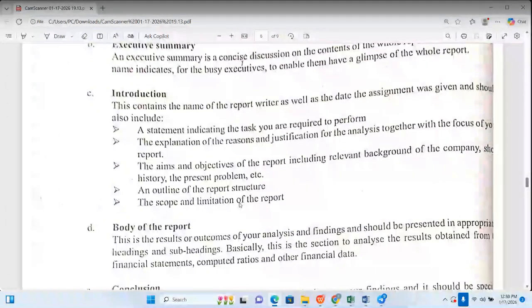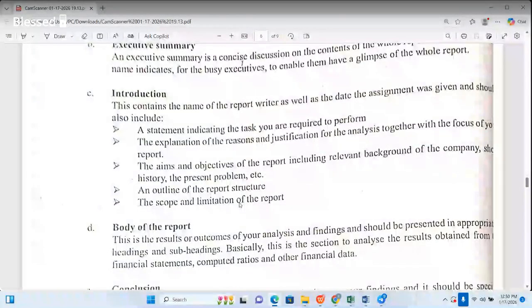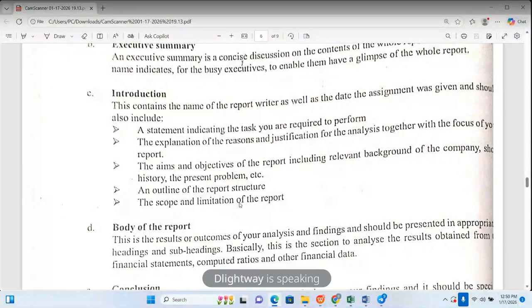I believe you still remember these findings, how we use the ratio analysis to communicate. For example, when you calculate your liquidity ratio and it shows 4:1, that means the company is liquid.